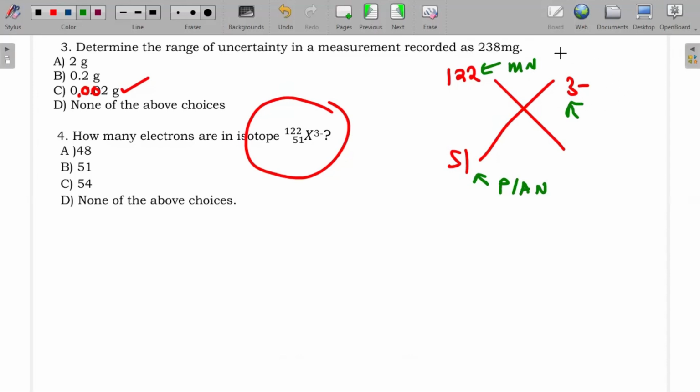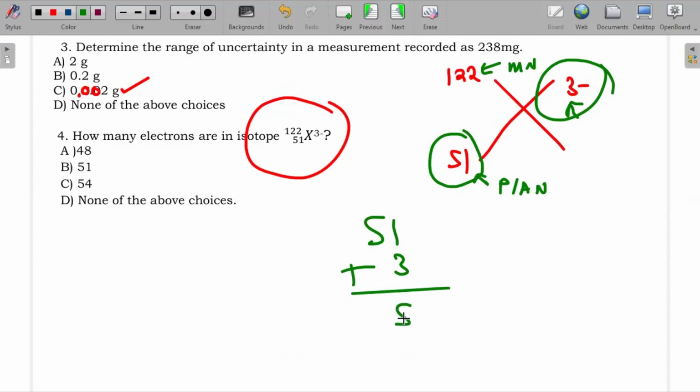So a negative charge simply means that the isotope gained extra electrons. No wonder it's negative. It gained 3 extra electrons. So the electrons that I have in the neutral, plus the 3 that were gained, I'm going to get 54. So this guy here has 54 electrons. I'm going to select C as my best answer.